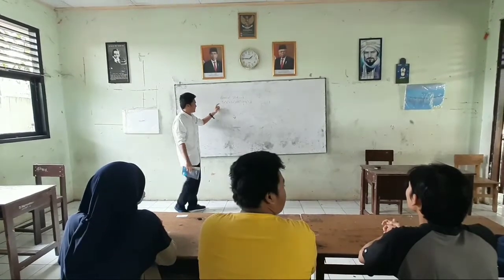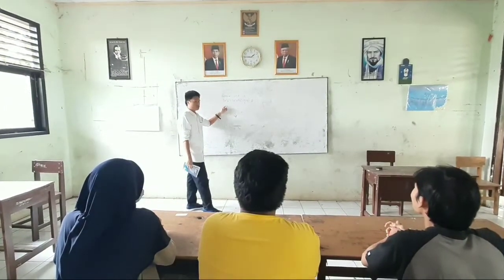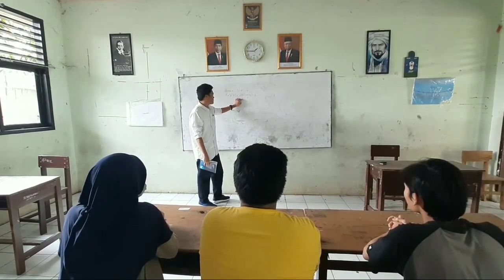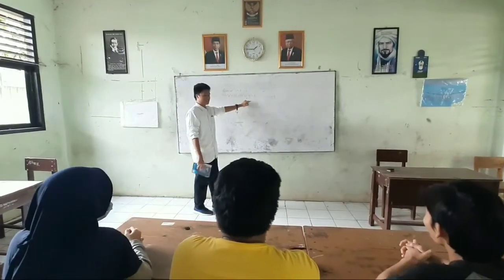There we have negative 3a cubed b squared plus 3a squared plus 5b to the power of 5 minus 5ab squared plus 3.